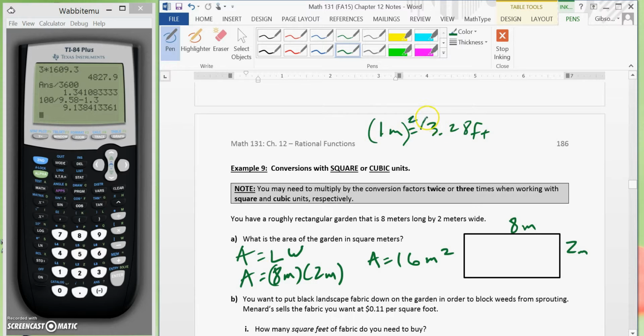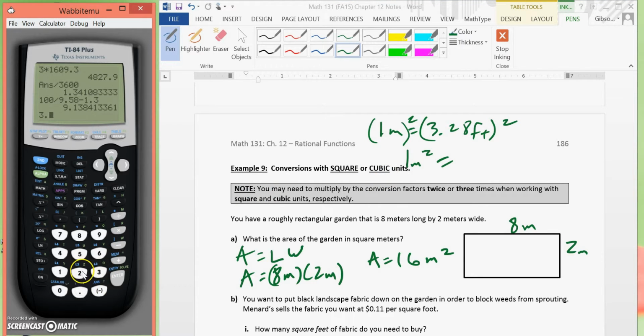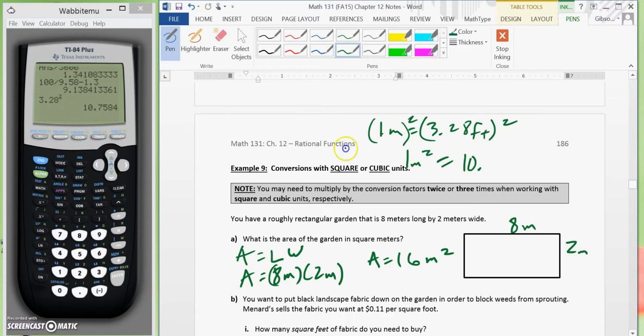So we will square both sides. So this would be 1 square meter is equal to, we'll take 3.28 squared. And that will give us 10 point, and we'll just round to 1 decimal place. We'll make this 10.8 square feet.